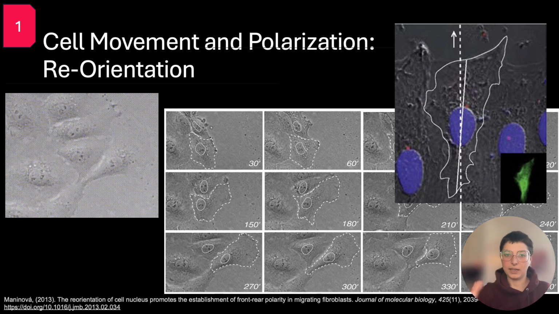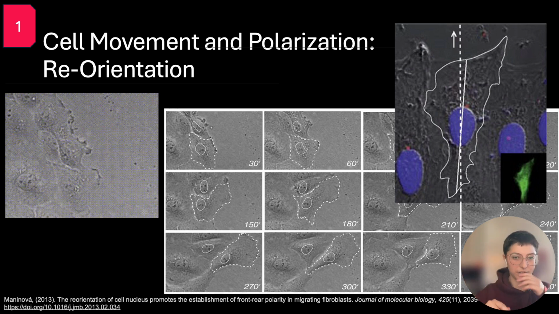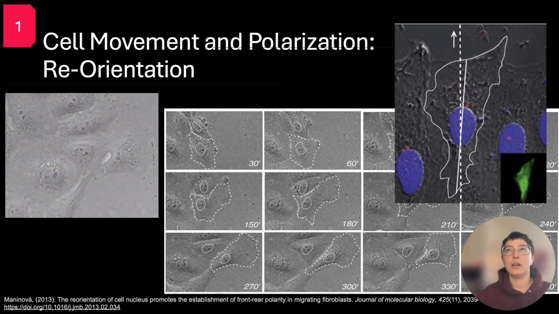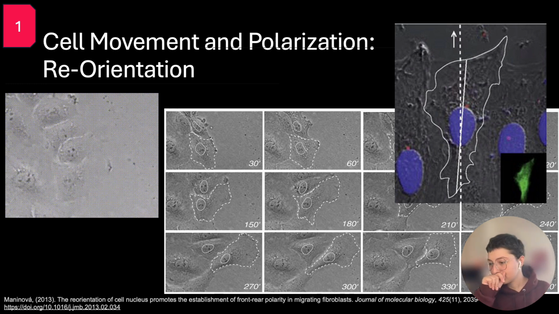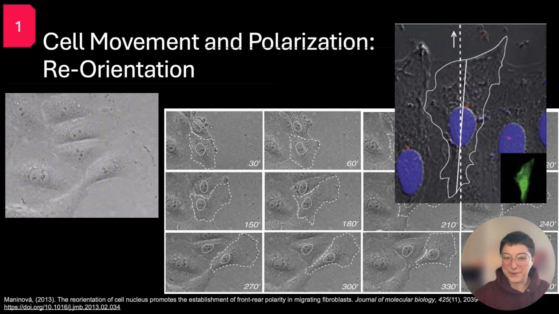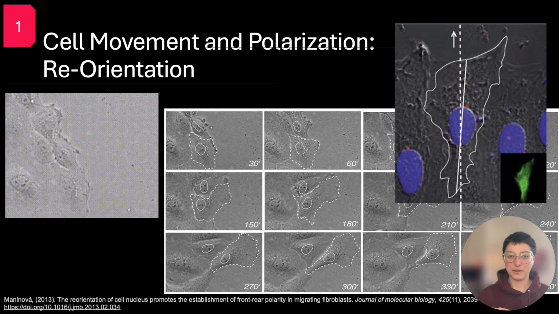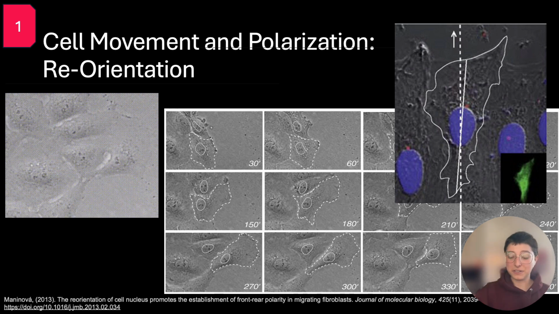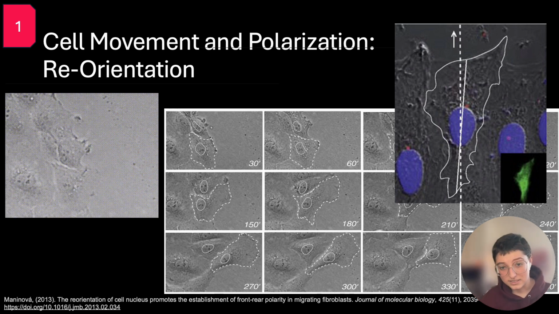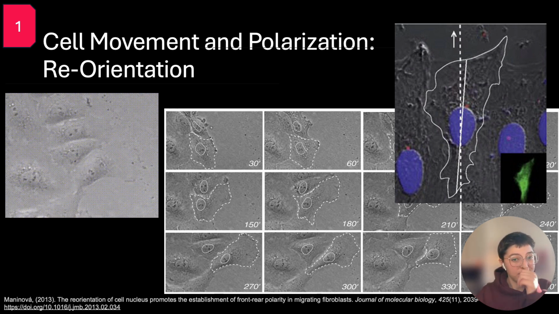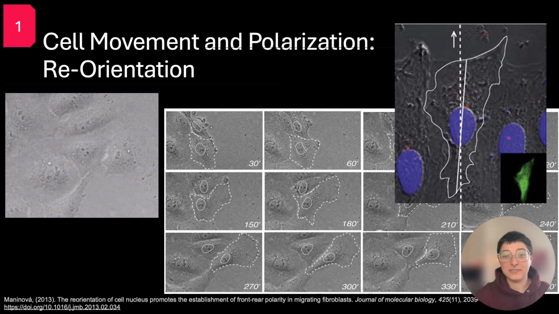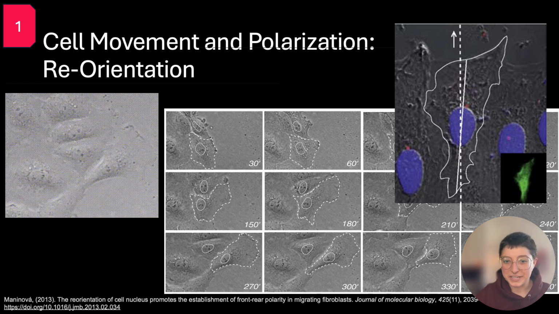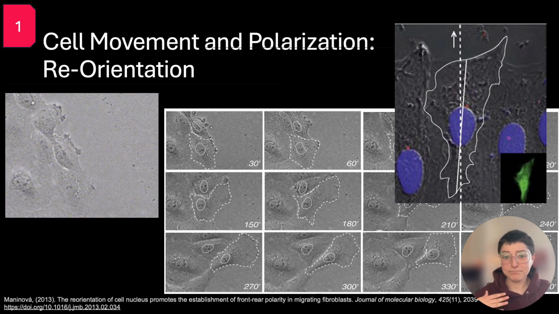It will get signals from the leading edge or wherever the damaged cell molecules are coming from, and be like, okay, I've got to get there. Somehow it gets the signal that we should be over there. And so the nucleus will turn and then the rest of the cell will follow. It's really cool, right? You don't get perfect reorientations, but it's pretty great.